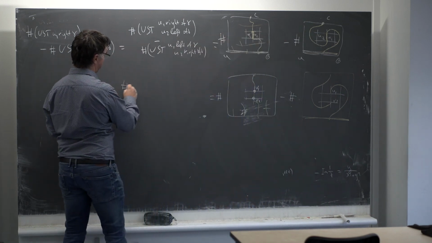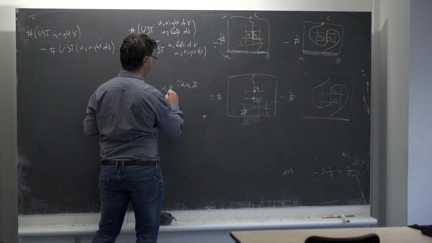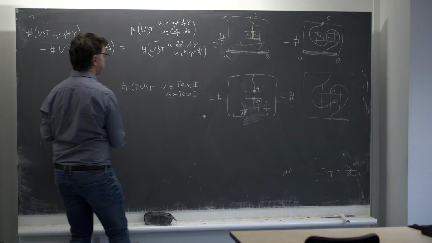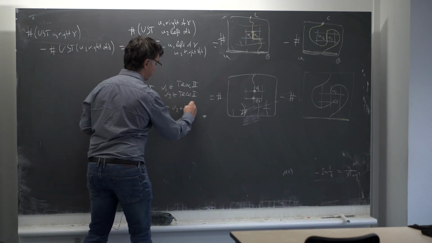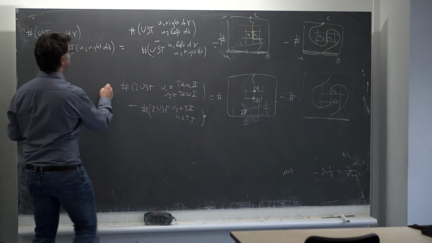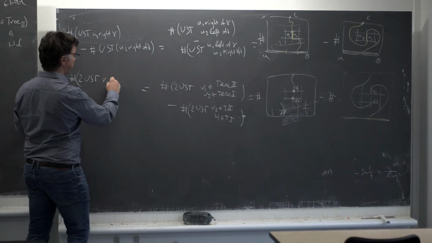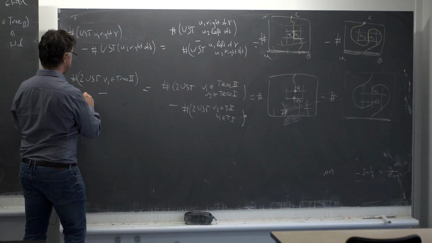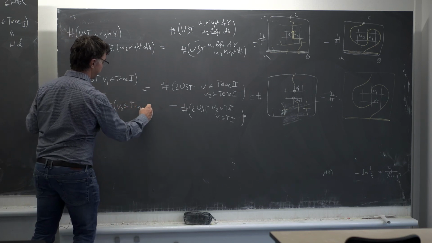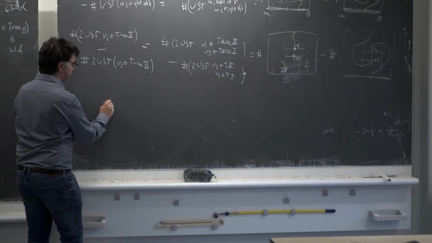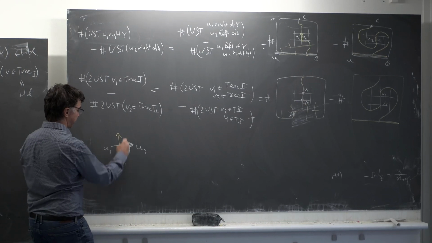The first picture is the number of these double forests where V1 belongs to tree 2 and V2 belongs to tree 1, minus the number of these two-tree forests where V2 belongs to tree 2 and V1 belongs to tree 1. This is again the number of double forests where V1 belongs to tree 2 minus the number of double forests where V2 belongs to tree 2. So basically we have shown that the derivative of the first function in the direction from U1 to U2 is the same as the derivative of the second function on the lattice from V1 to V2.